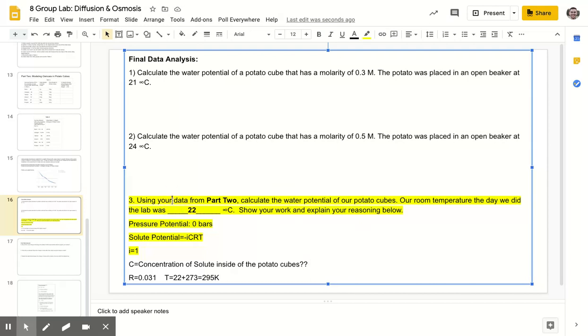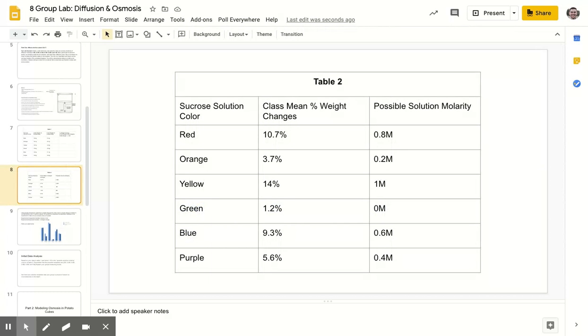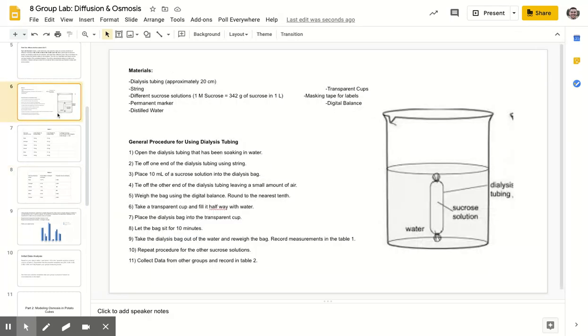Before we get into looking at our data from part 2, just a quick reminder of the context. In part 1, the intention was that using the dialysis bag technique, where we put the different colored sucrose solutions inside of the dialysis bag, we measured over a set period of time how much percent weight gain each dialysis bag had.